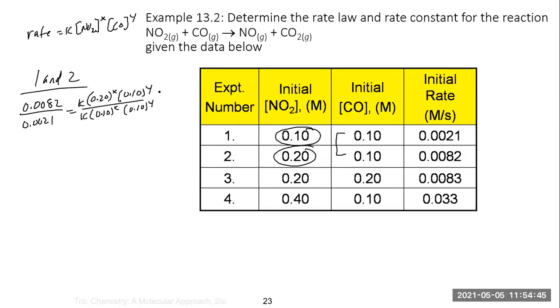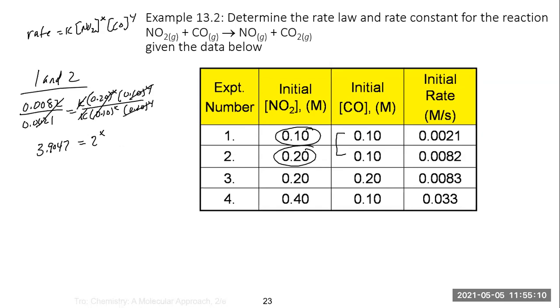All right, so doing a little dividing here, 0.0082 divided by 0.0021 gets us 3.9047. Dividing the concentrations should get us 2 to the x, and the 0.1 to the y terms should cancel.